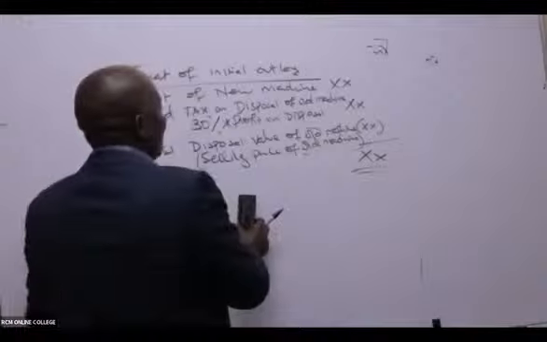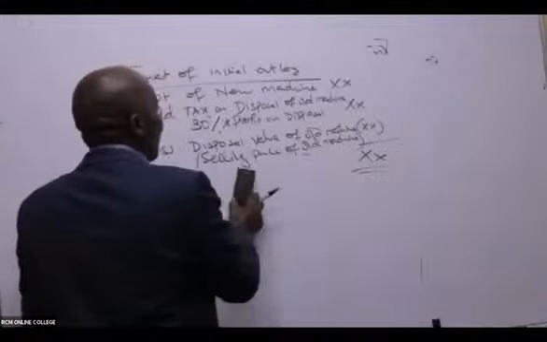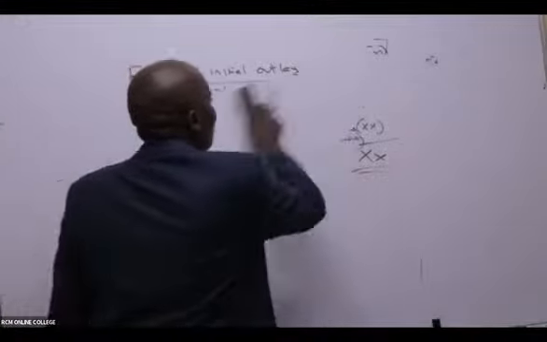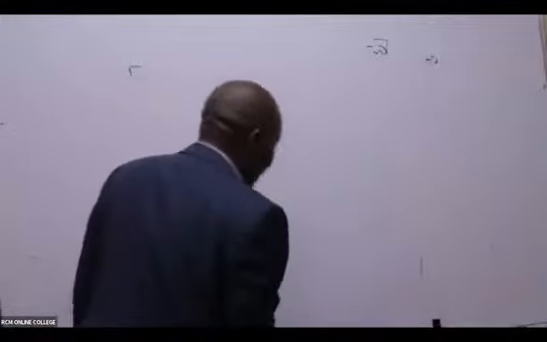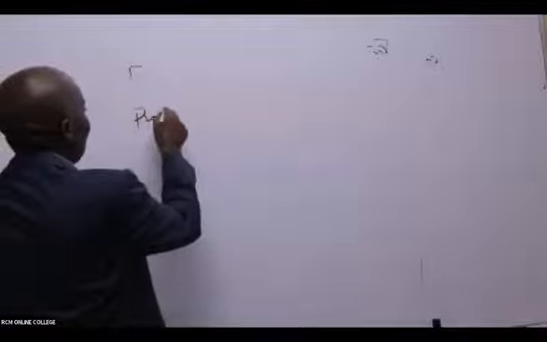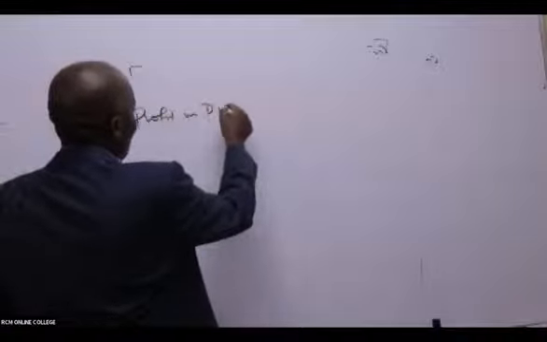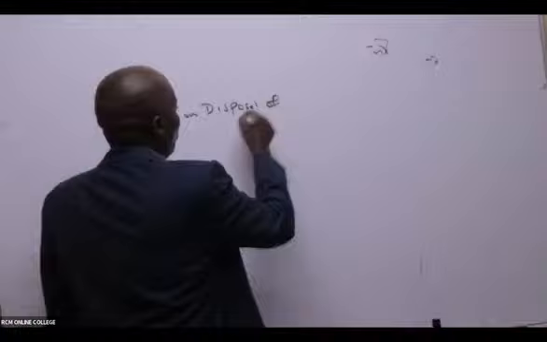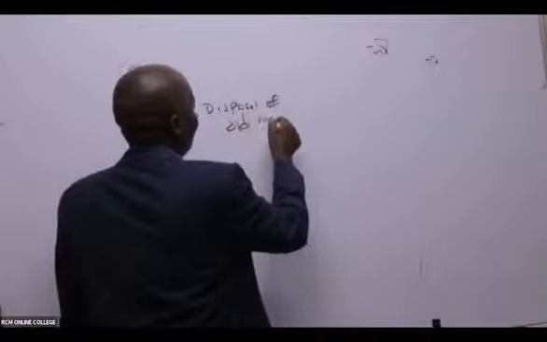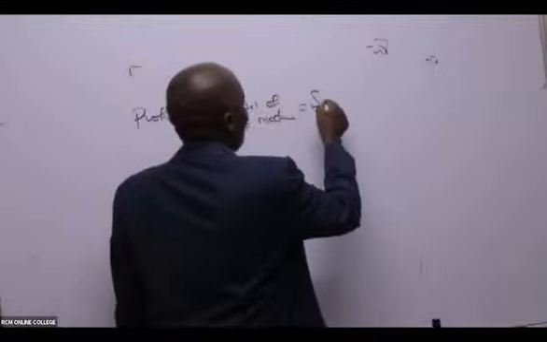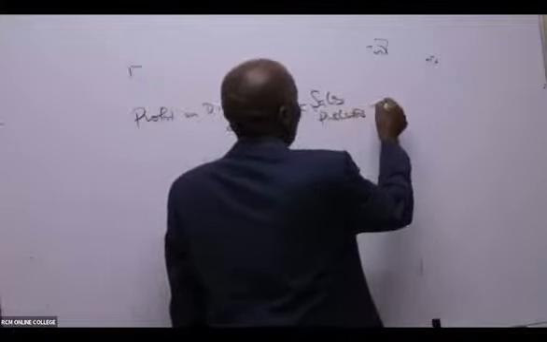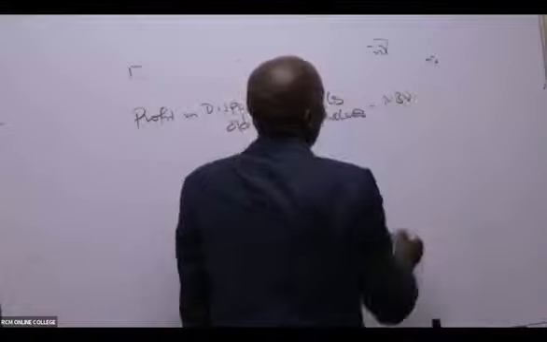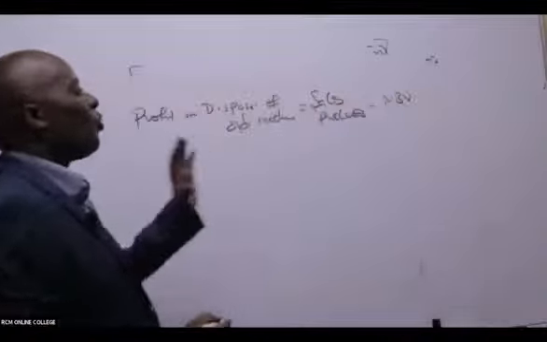So I'll look for the tax. The only thing that I'm looking for here is a tax on disposal. So first of all, give me the profit on disposal of old machine: sales proceeds minus net book value at year 2.